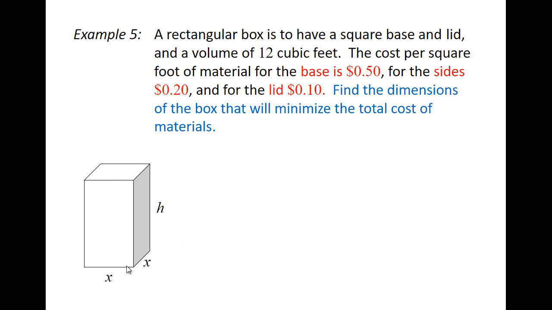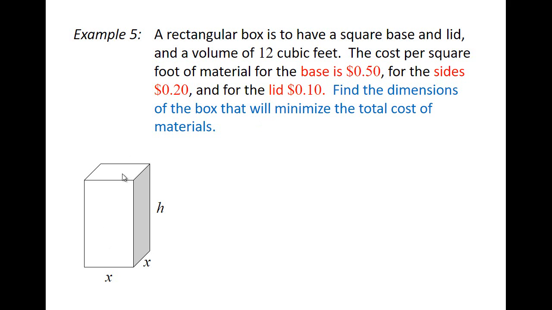The base has an area of x squared, and for each square foot we have to spend 50 cents. So we have to multiply 50 cents with x squared to get the total cost of building the base.